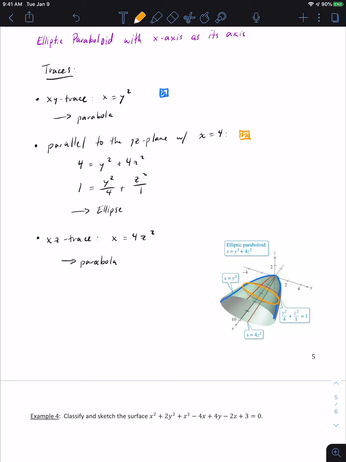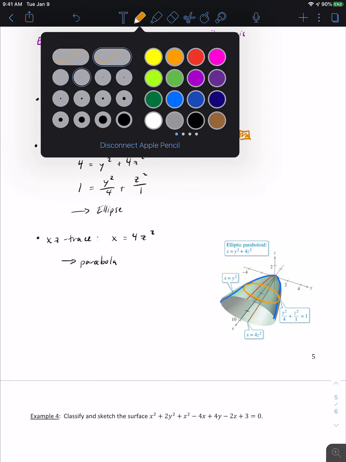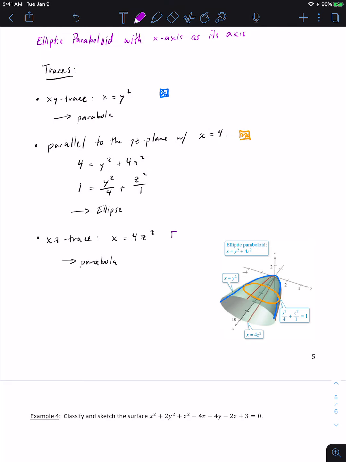That is going to be kind of our yz trace. And again, you'd get another ellipse here at like x equals 1, and another ellipse right here at like x equals 10. We get a bunch of ellipses there. And then the last one here is the xz trace. So that would be this right here, and again, that's a parabola.